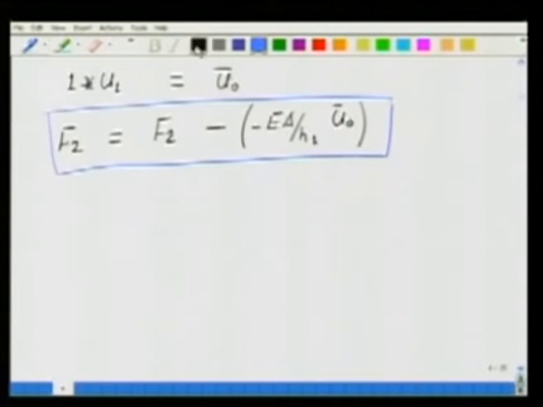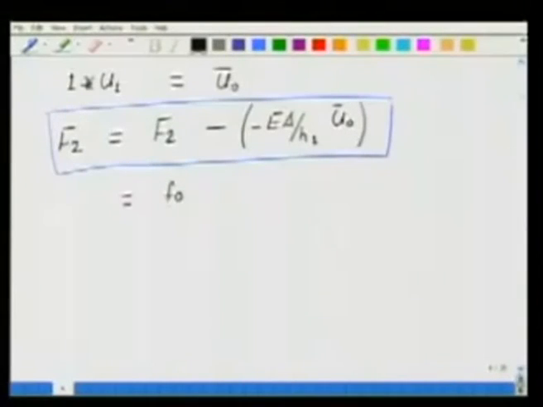Okay, so let us rewrite it. This will be equal to, what did we have as our F2? F2 was F naught by 2 into H1 plus H2.